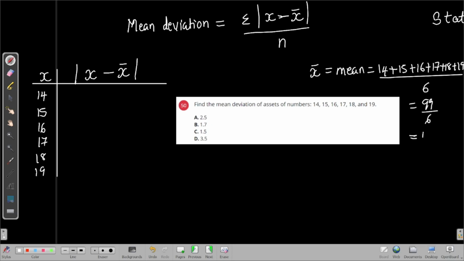And that's 16.5. So now x minus x bar, that is 14 minus 16.5, 15 minus 16.5, 16 minus 16.5.